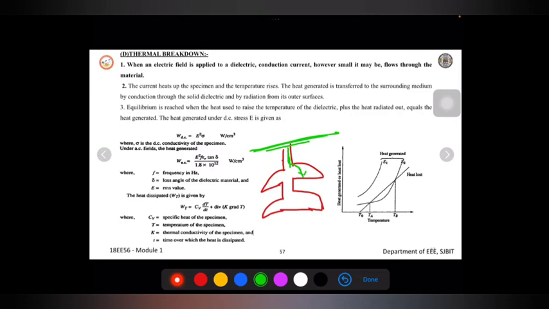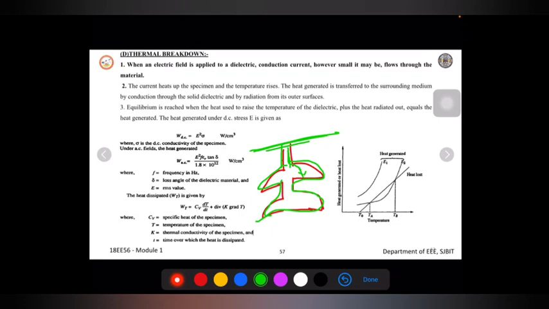This current will be sufficient to raise the temperature within the insulator, and the heat generated is transferred to the surrounding medium by conduction through the solid dielectric. Because the entire thing is a solid dielectric, the heat will be transferred to the entire body of the dielectric by radiation, to the outer surface, not the inner surface.